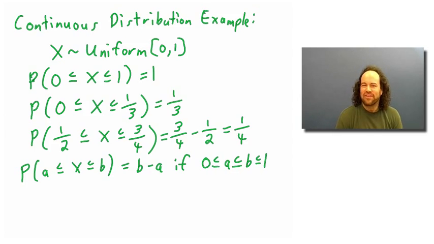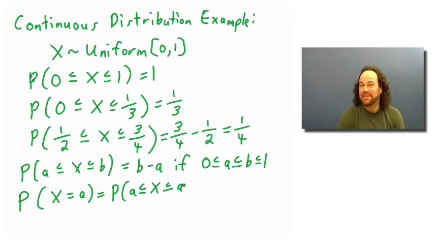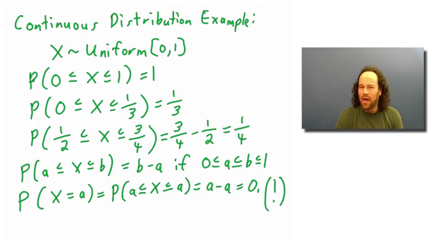Now this has an interesting consequence. It means that the probability that x equals any particular number a is equal to the probability x is between a and a, which is a minus a, which is 0. So it means somehow with probability 1, x will be somewhere between 0 and 1, and yet the probability is 0 that x equals any particular value.